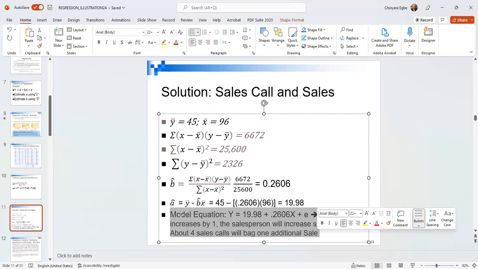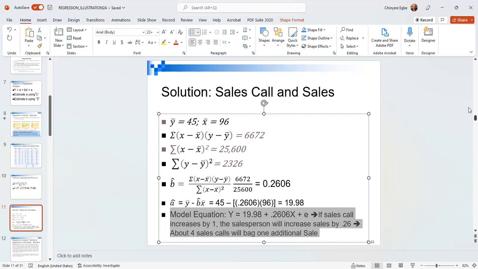We explained this last time, saying that according to this equation, if a salesperson makes absolutely no calls, they'll probably sell $19,900 worth of goods.